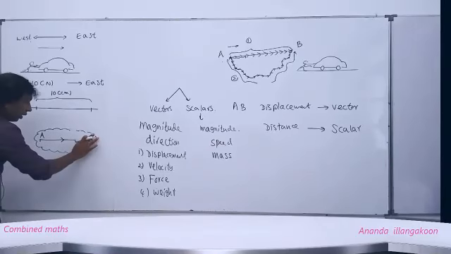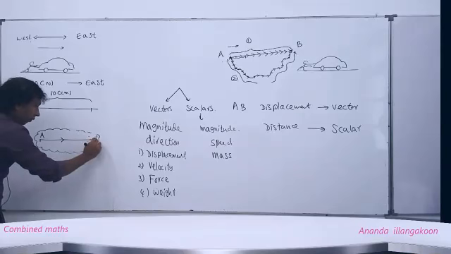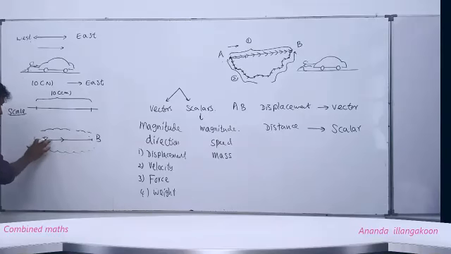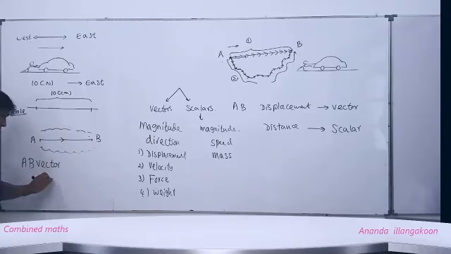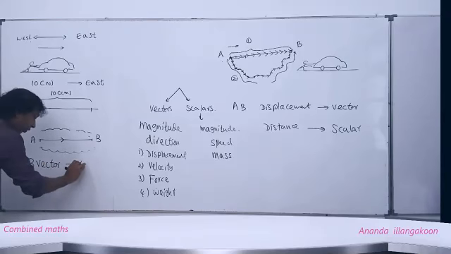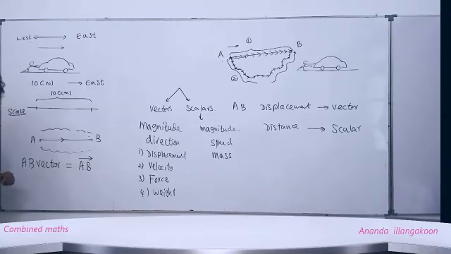So if I take this point as B and this point as A, then this is called the AB vector, written like this, AB, and we put an arrow on top. Then see here, the vector starts from A and goes to B, and the arrowhead points there.